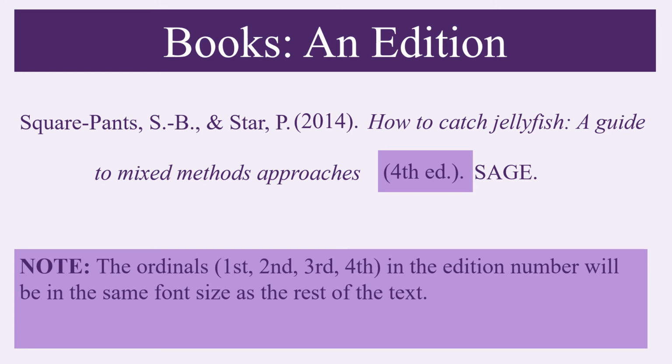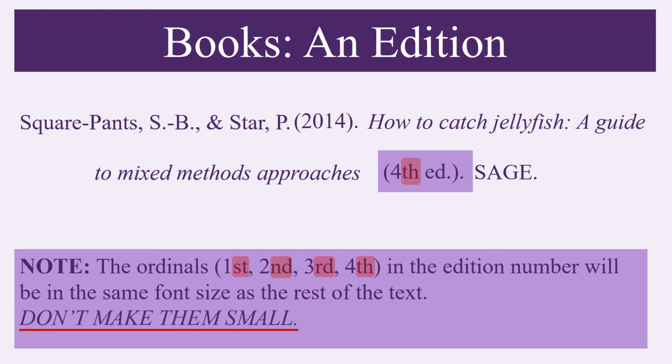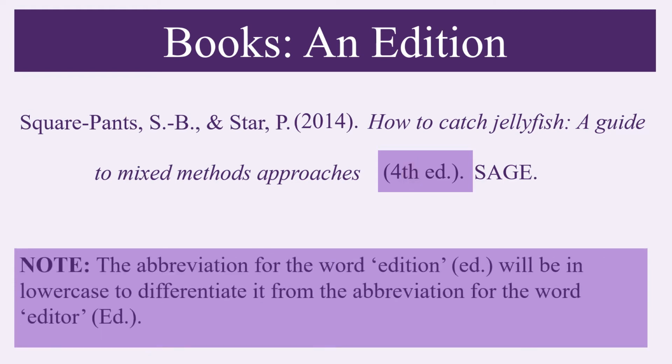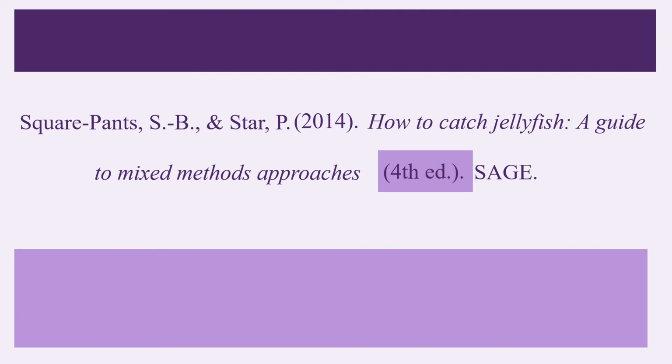These letters, st, nd, rd, th, must be in the same font size as the rest of the text. This means you do not make them small. Likewise, it's important to note that the abbreviation for the word edition will be in lowercase to differentiate it from the abbreviation for the word editor, as we've just discussed.